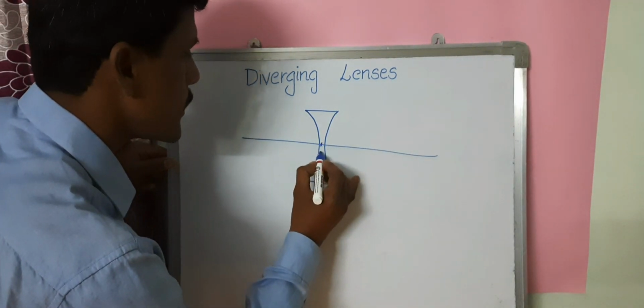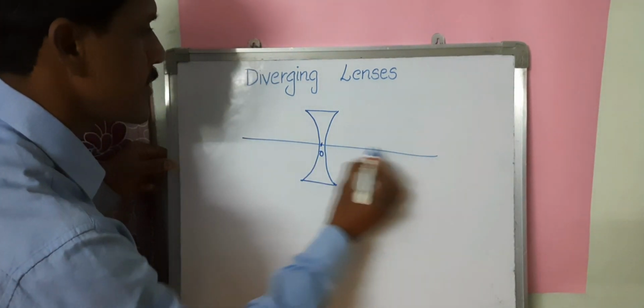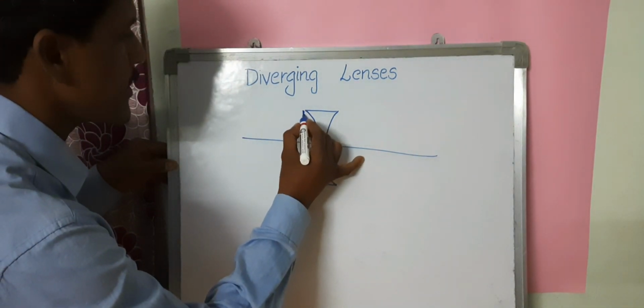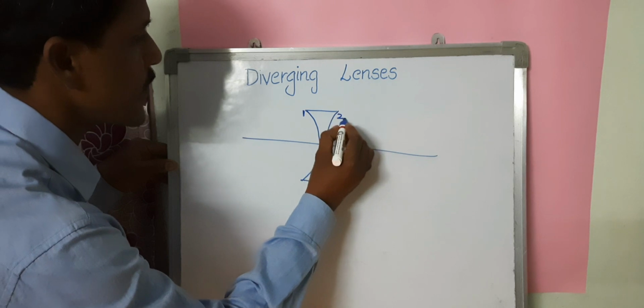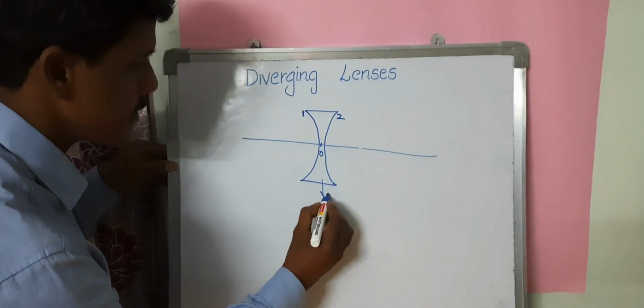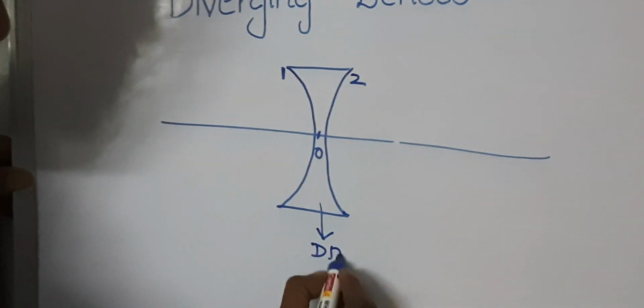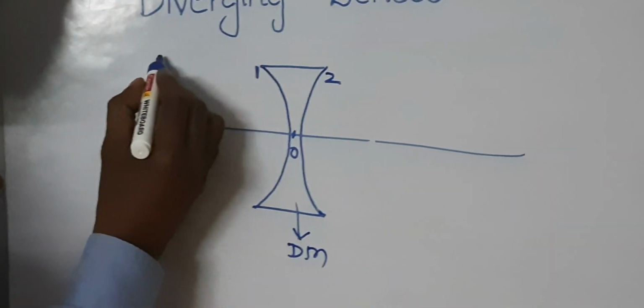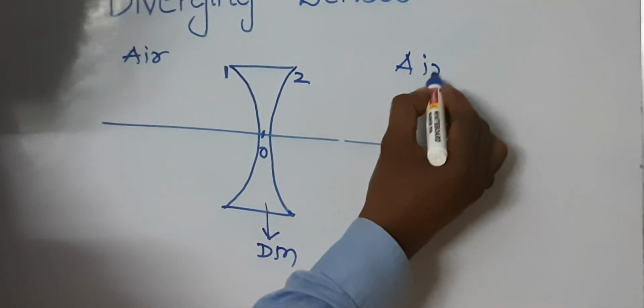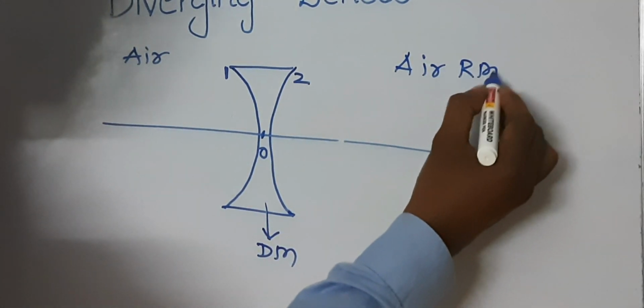This is the optical center and this line is the principal axis. This is the first refracting surface. This is the second refracting surface. Here this lens is made of glass, so it is the denser medium. It is placed in air, so it is surrounded by air as the medium, which is the rarer medium here.